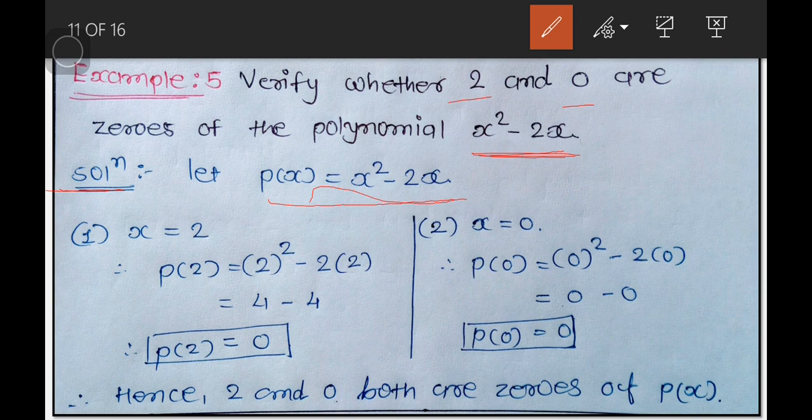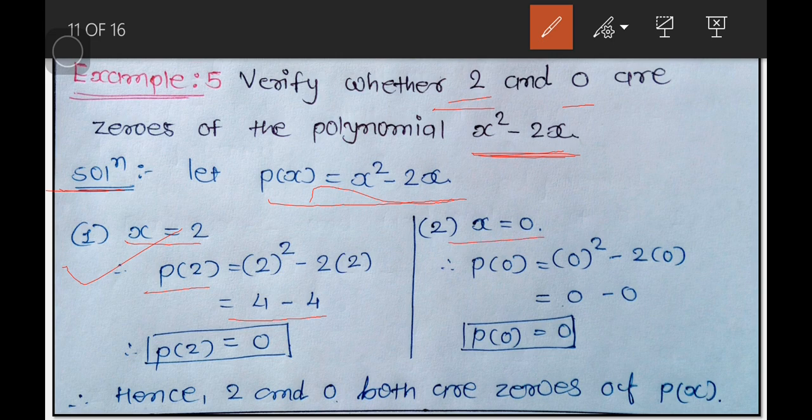So first we put x is equal to 2. Then we get p of 2 is equal to 2 raised to 2 minus 2 into 2, which is 4 minus 4, and it gives p of 2 is equal to 0. Then we can say that the given value x is equal to 2 is a 0 of the given polynomial p of x.